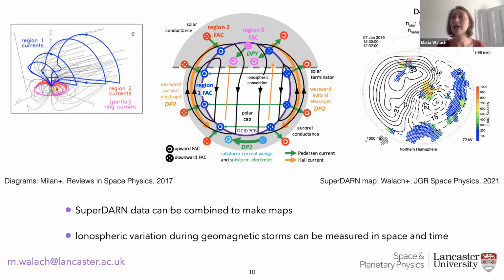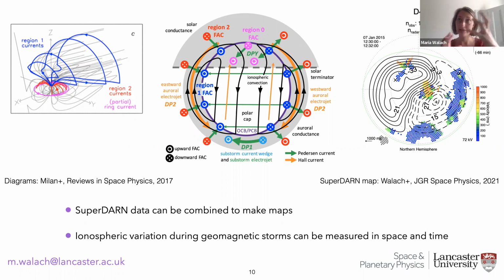You will see these black lines here. They are lines of electropotential, but they are also equivalent to the ionospheric flow direction. The little dots show the measurements that we have from the radars at this point in time, and the little colored lines show you which direction the flows are coming from. So these are the line of sight measurements, the measurements made by the radar.